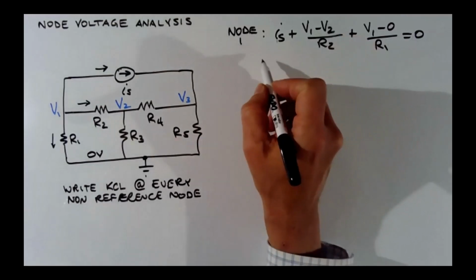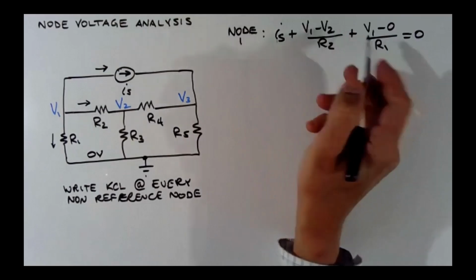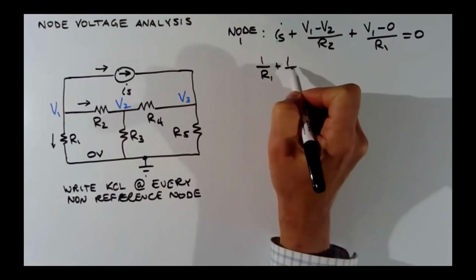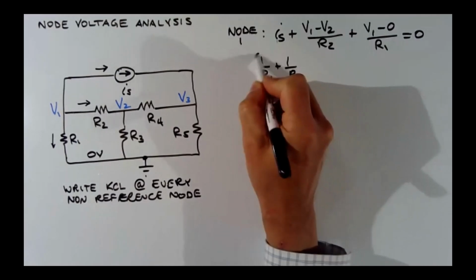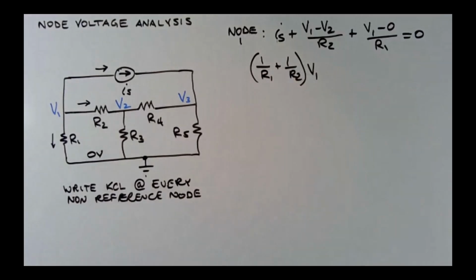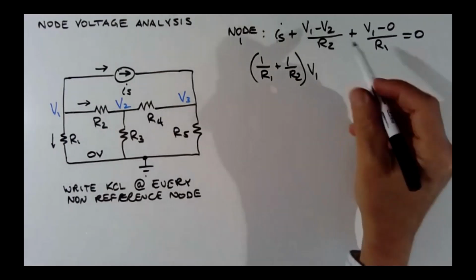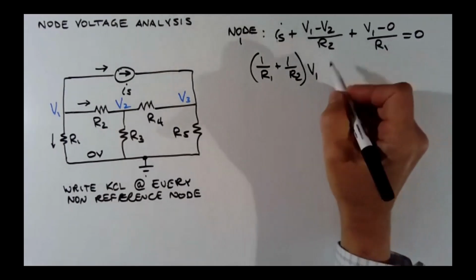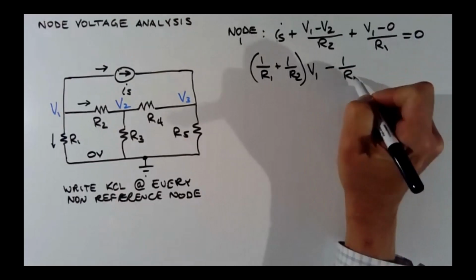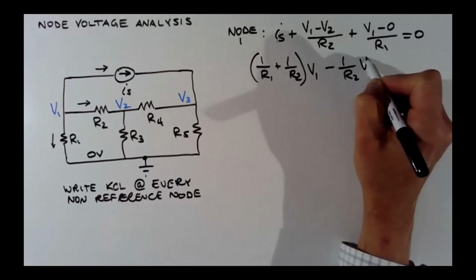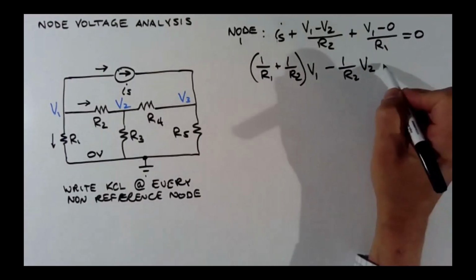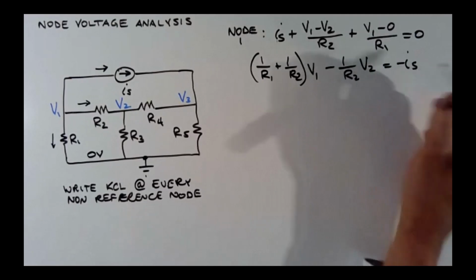So the coefficient of V1 is 1 over R1 plus 1 over R2. And then the coefficient of V2, right? You get kind of good at this, looking at the reciprocals of resistances. So 1 over R2 times V2 equals minus IS.